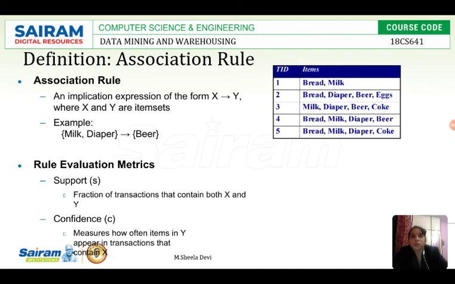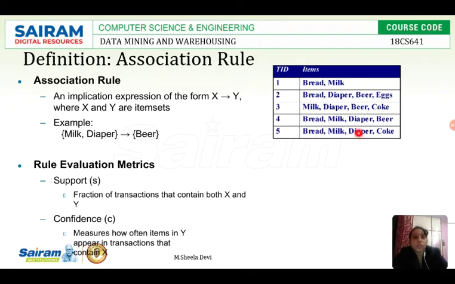So how many times beer is occurring in the transactions that contain milk and diaper, that is confidence. If you take this example, the confidence can be measured like this. Take beer, milk and diaper.